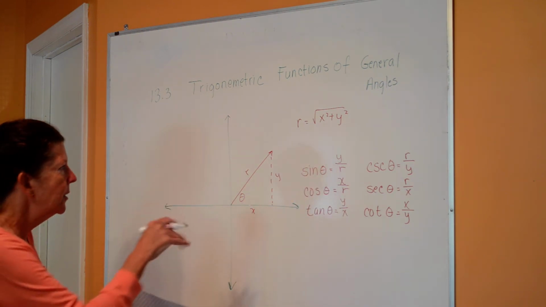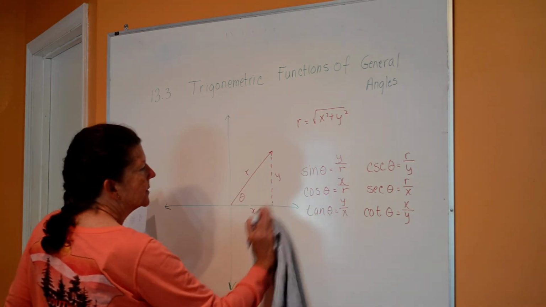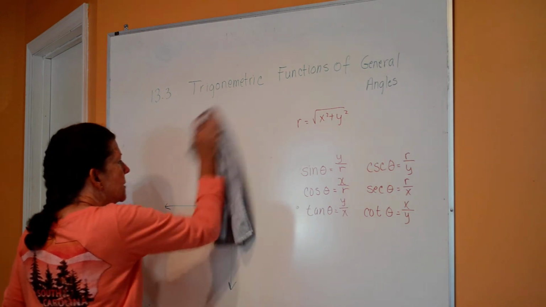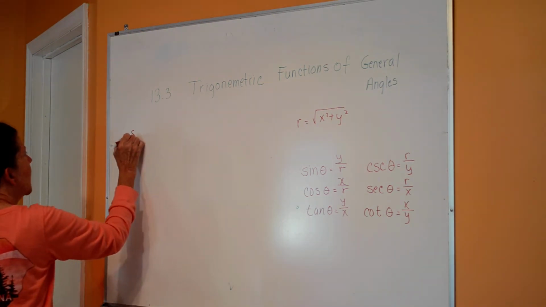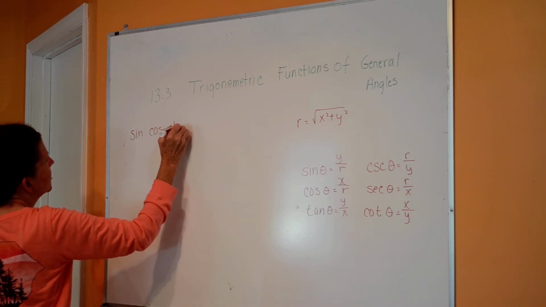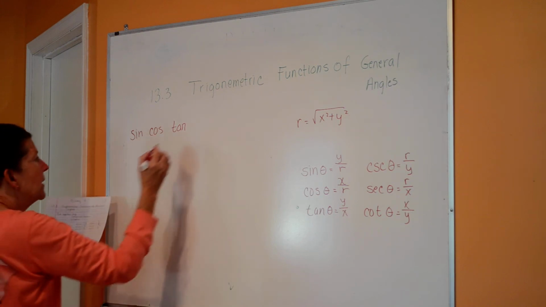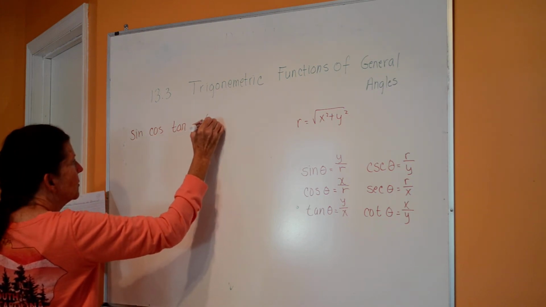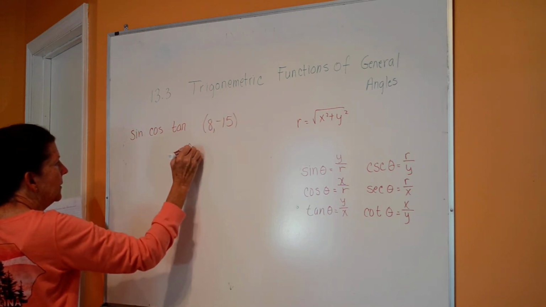Let's do a problem that has to do with those, and I'm going to leave this right here so that it'll help you. Let's say they want to know the sine, cosine, and tangent of theta when the terminal side passes through 8, negative 15, okay?